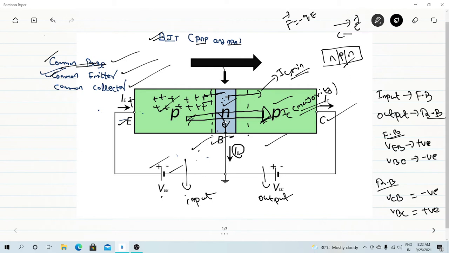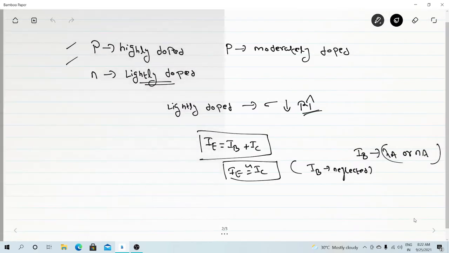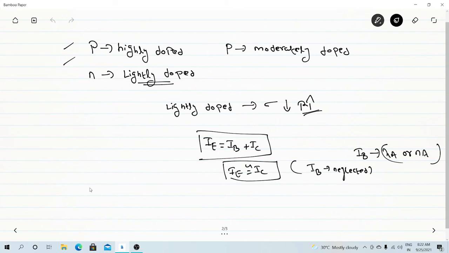With that, the N also naturally has some minority carriers, that is holes, and these holes can pass the junction and you will get IC minority.